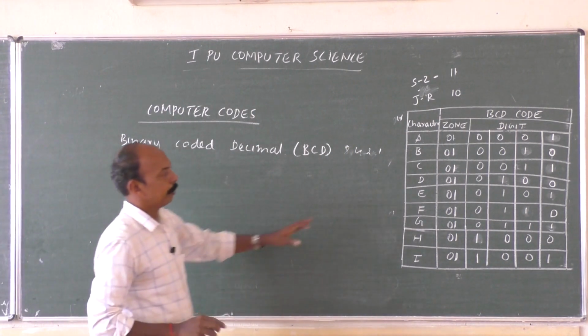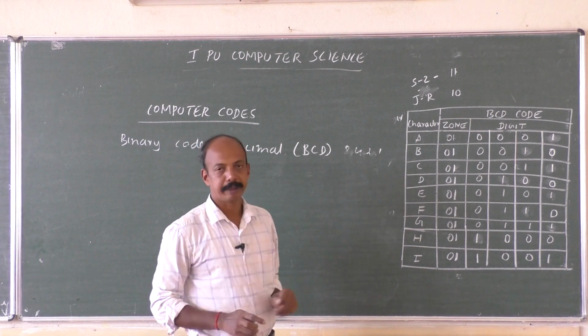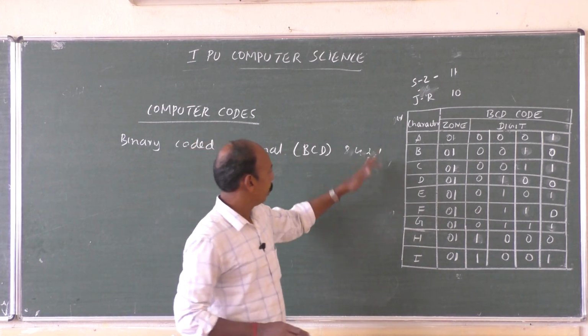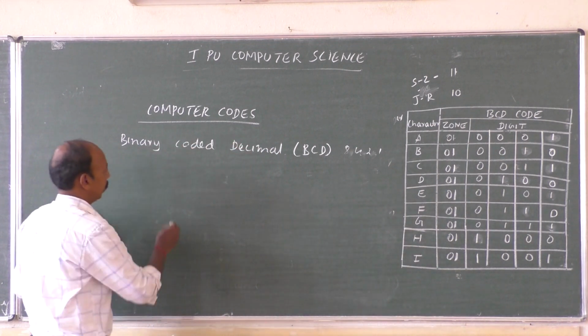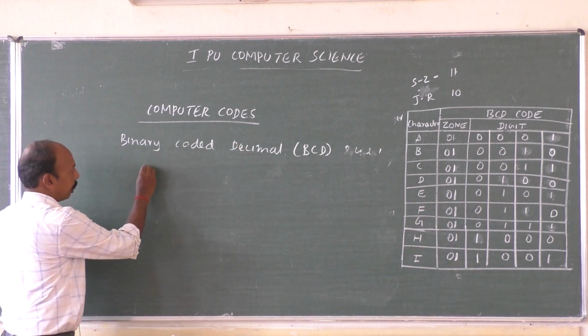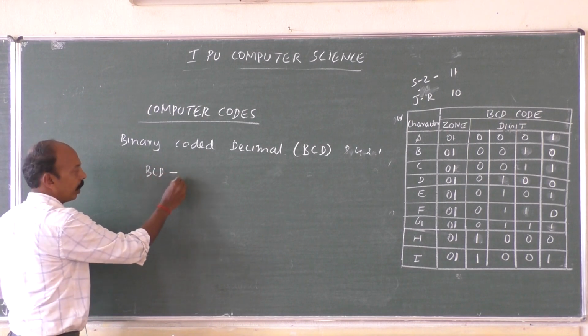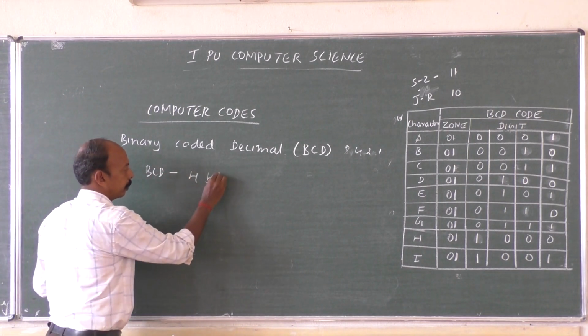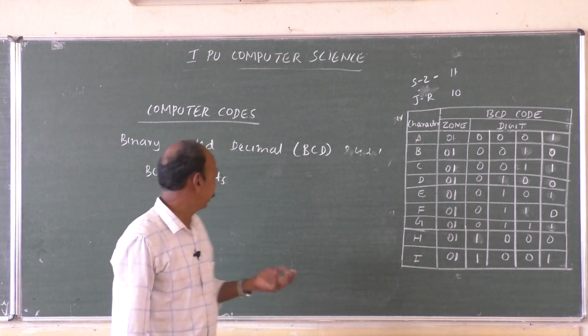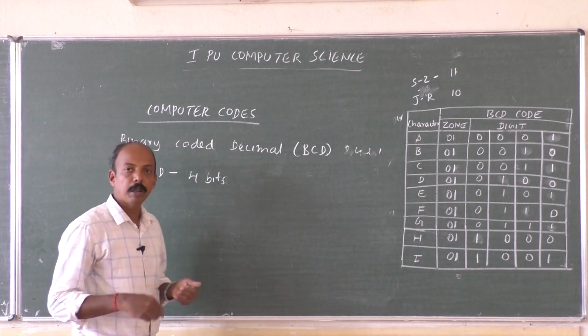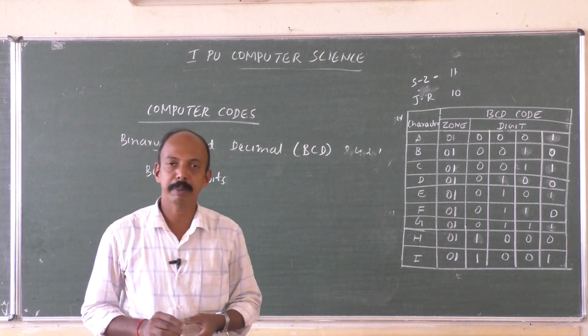See, this is just one example for BCD. If you want to represent A, B, C, D, E, initially when we speak about BCD, it had only 4 bits. So what happens when it is 4 bits? How many combinations can we have to represent a particular symbol?